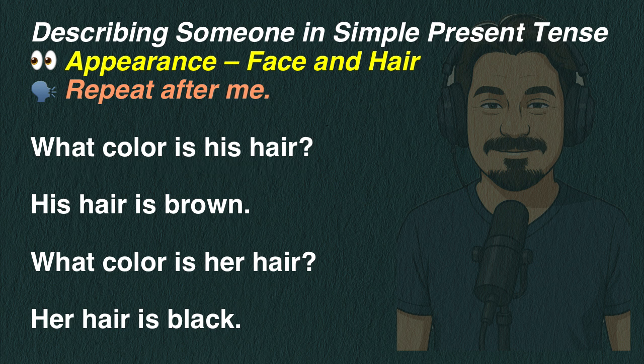His hair is brown. What color is her hair? Her hair is black. What color is her hair? Her hair is black.